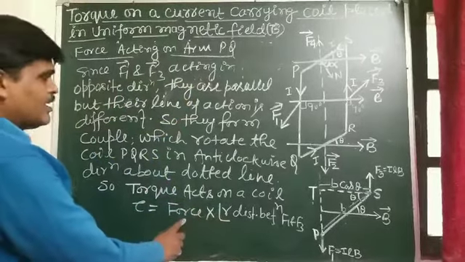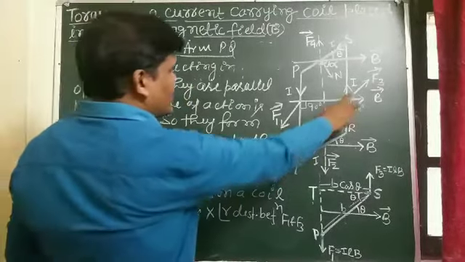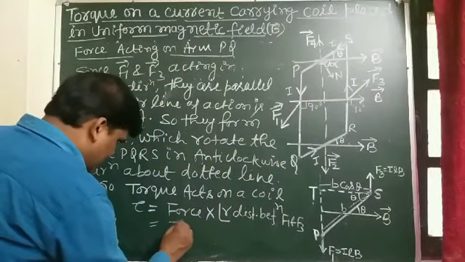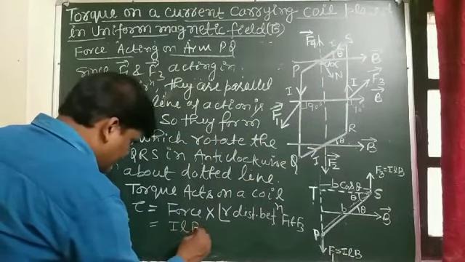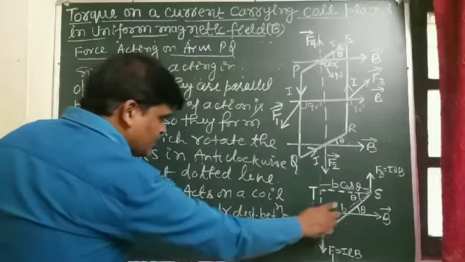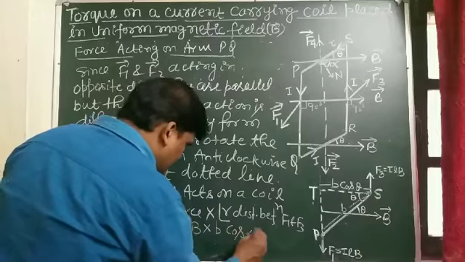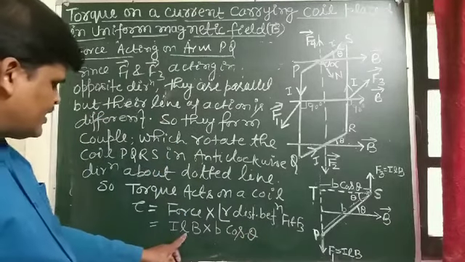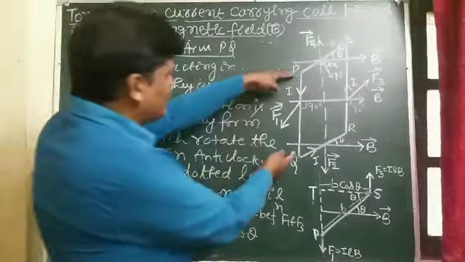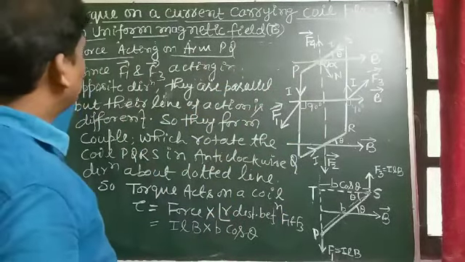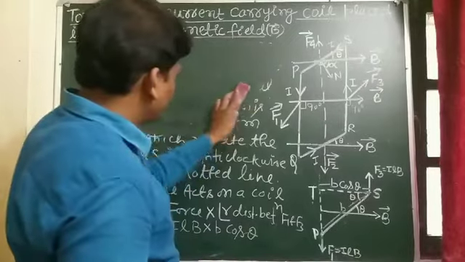And force on either arm, F1 or F3, is the same. So here we write I, L, B, and perpendicular distance between them is B cos theta. And student, L cross B is the area of coil PQRS.